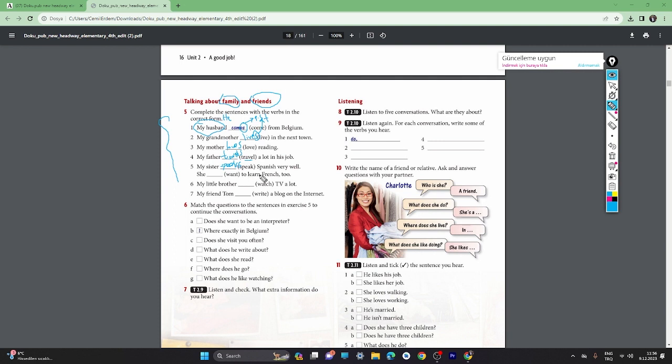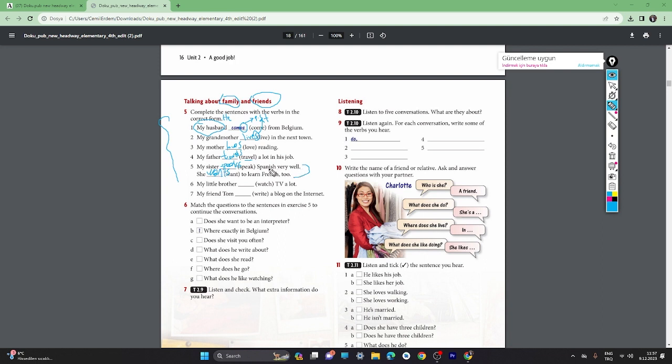Okay, she wants to learn French too. She wants to learn French too. What is the difference between she wants to learn French and my sister speaks Spanish very well? These are general truths, okay?